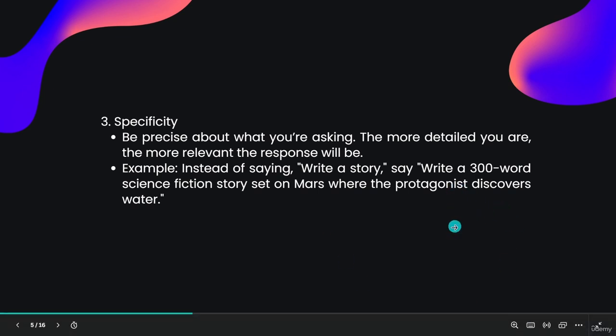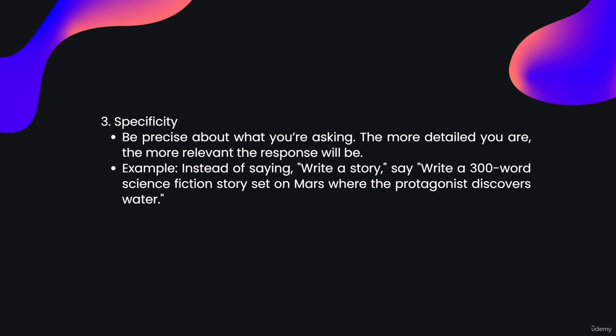If you give enough detail about what you want, like in the example here: "Write a 300-word science fiction story set on Mars where the protagonist discovers water." In this prompt you are giving more detail about what you want.